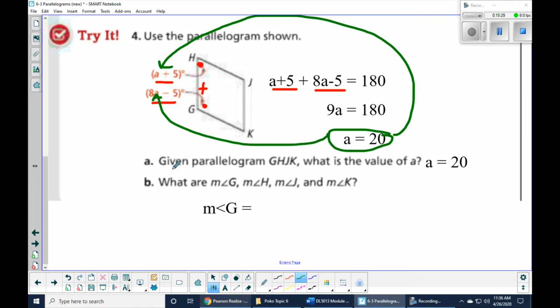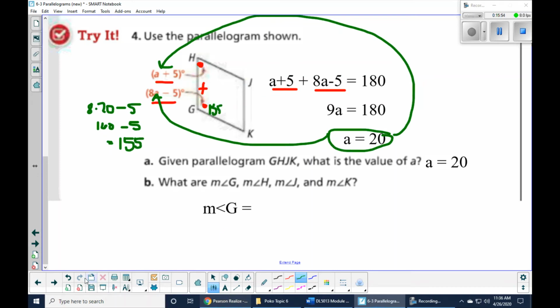So this one, 8 times 20 minus 5. 8 times 20 first is 160, minus 5 equals 155.